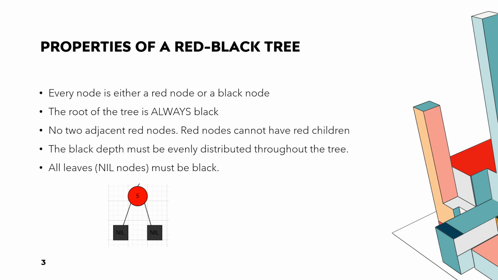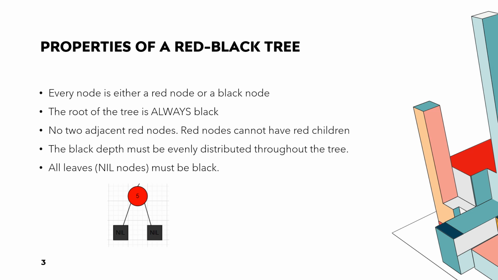In order to maintain a red-black tree and its self-balancing properties, the following attributes listed below must be followed. Every node must be either red or black, and the root of the tree must always remain black. No two adjacent red nodes, essentially meaning that a parent node cannot be red if the child node is red.